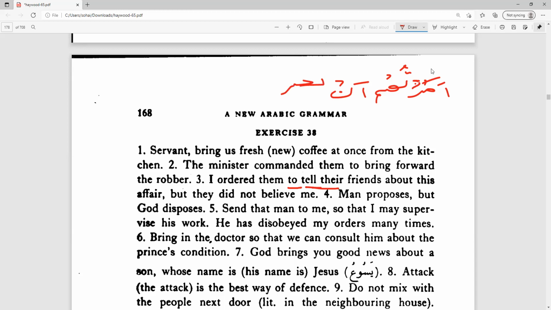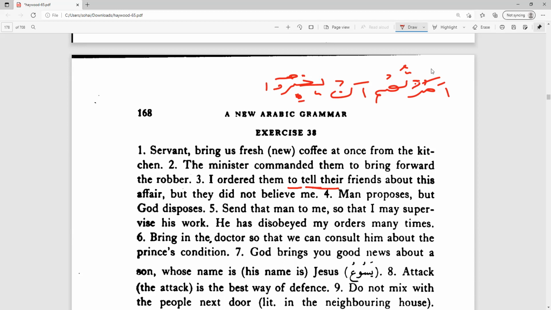I ordered them to tell. Yukhbira. Okay, is that what you say? Amartuhum asdiqahum an yukhbira. So the you is singular, right? Yukhbiru, yes. An yukhbiru.